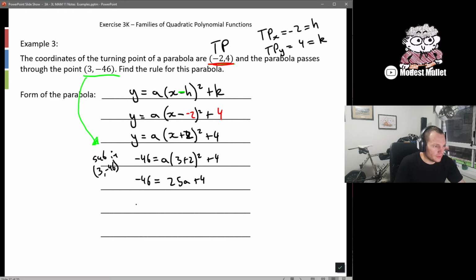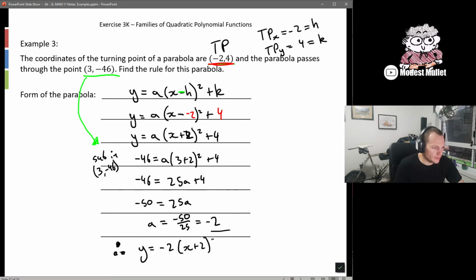Take 4 over, we get -50 is equal to 25a, so a is equal to -50 over 25, which is equal to -2. Therefore, we can finally say, figured out what our a is, we already substituted in our h and k, we know that the quadratic equation is now y equals -2(x plus 2) all squared plus 4.